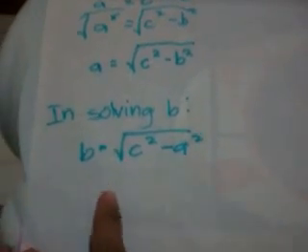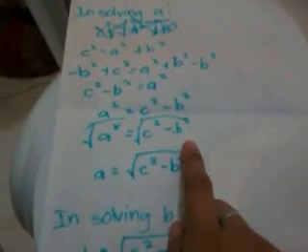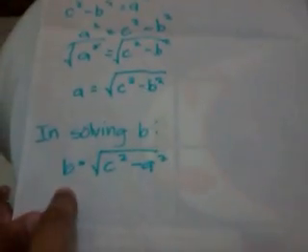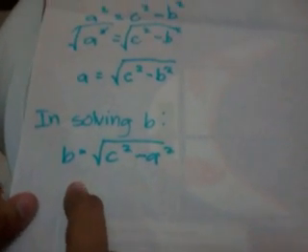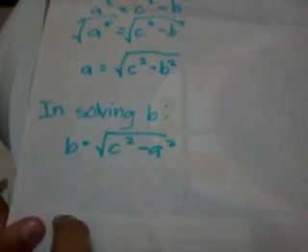Now, in solving letter B, you will just follow the same steps, but you will subtract the letter A squared from both sides, so that you will come up with this formula. So it's easy to solve the Pythagorean theorem.